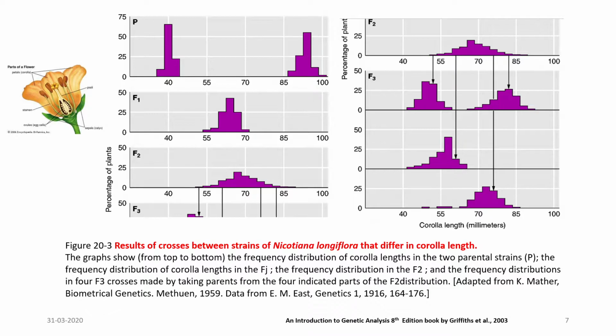That can be clearly seen in the F3 generation, where from the specific population, the extremes or the in-between can be used for breeding, and then you can see the appearance of the parental type or the F1 type, or the appearance of various other intermediate behavior, intermediate lengths of the petal.